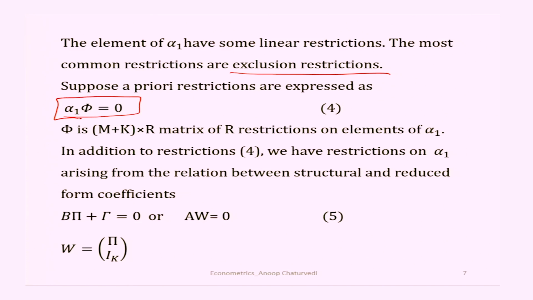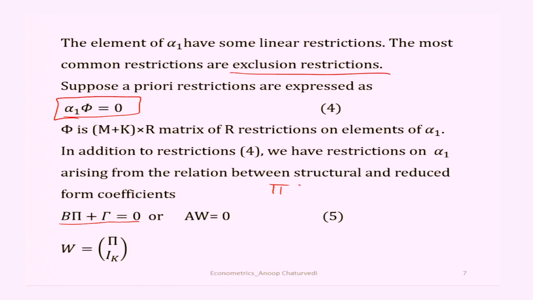Then along with these restrictions, we have restrictions on alpha_1 arising from the relation between structural and reduced form coefficients. So, the relation between structural and reduced form coefficients is B pi plus gamma equal to 0.